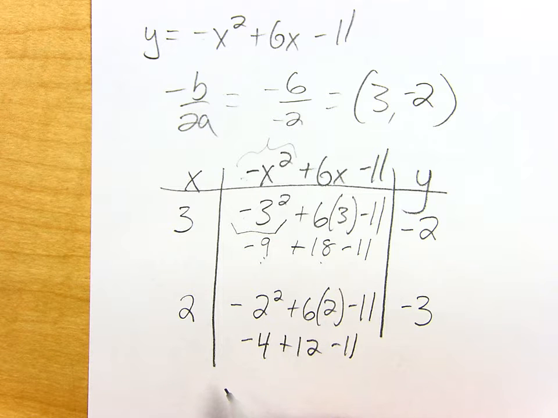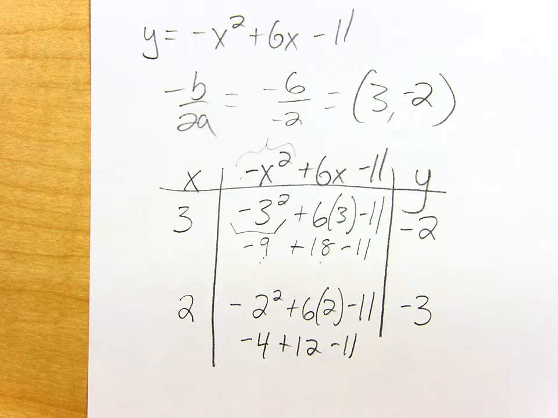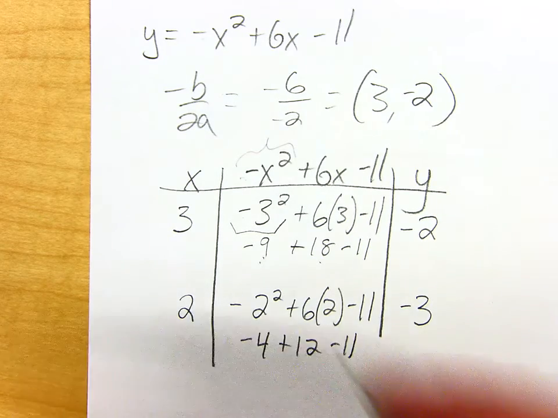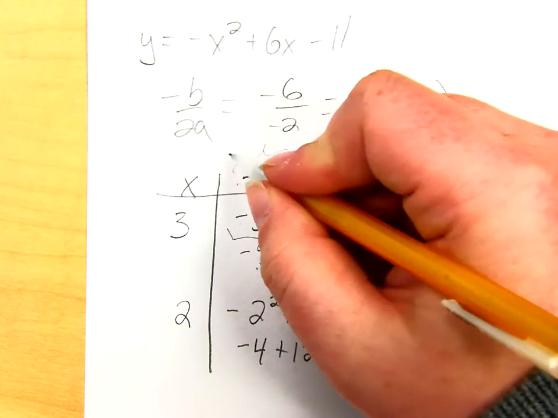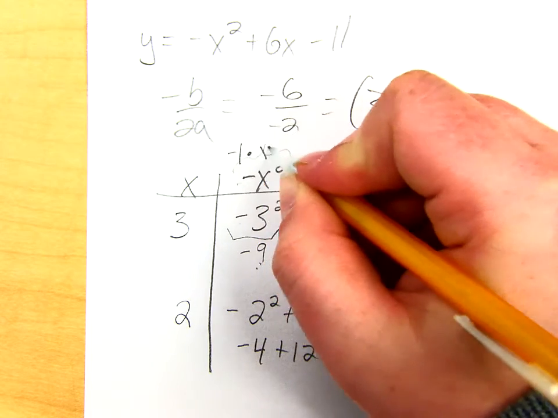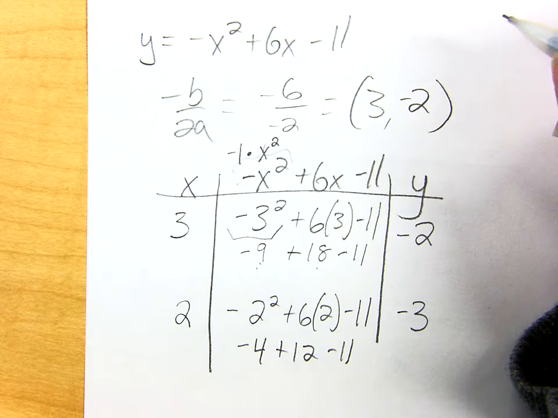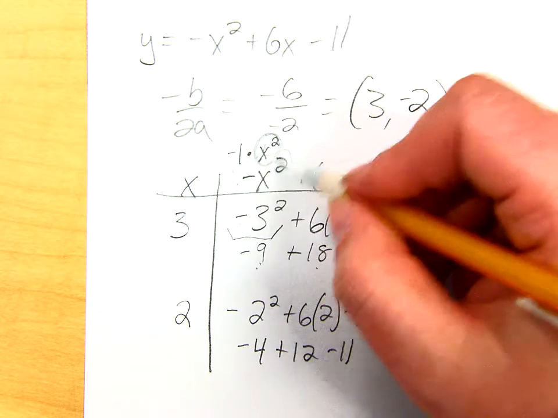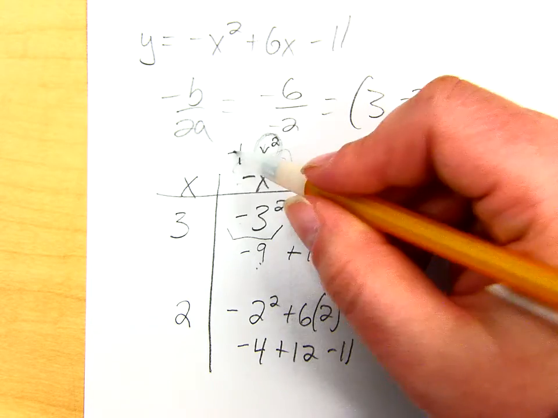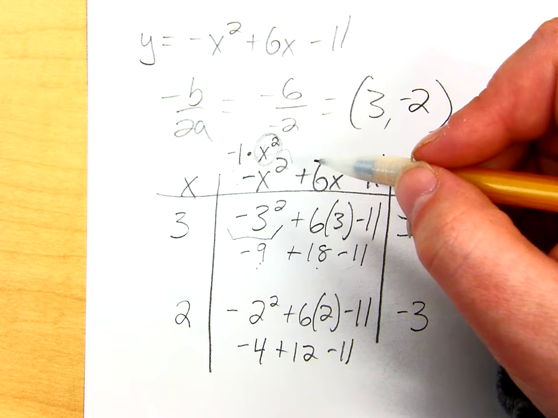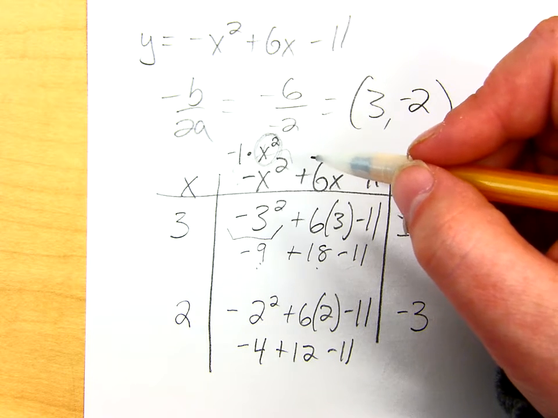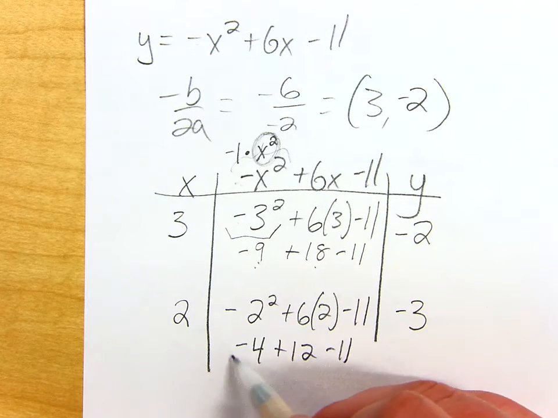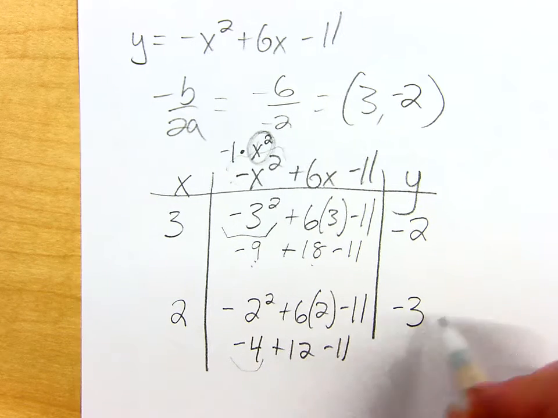Don't let it mess you up. If it helps, what you could do is rewrite the original as negative 1 times x squared, because it's the same thing. So if it helps you to remind yourself, okay, square whatever x is first and then multiply by negative 1, go ahead. Whatever works for you to know that this is going to be a negative 4, and then you do your math from there.